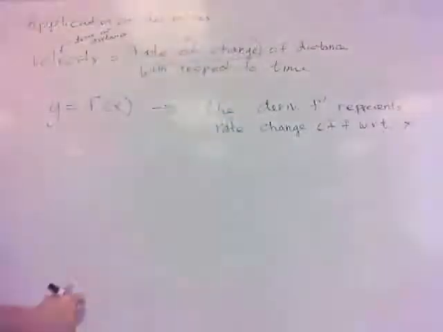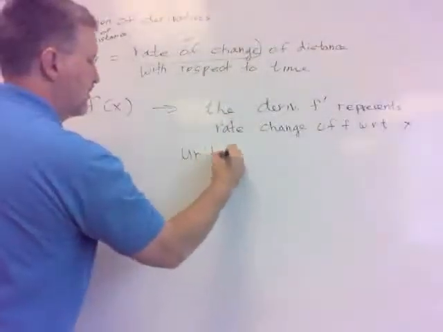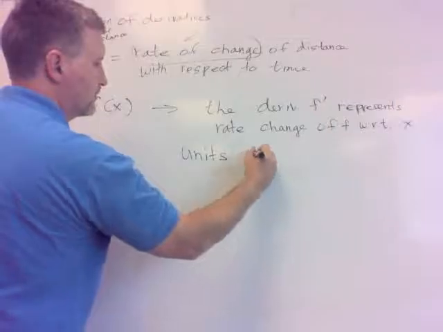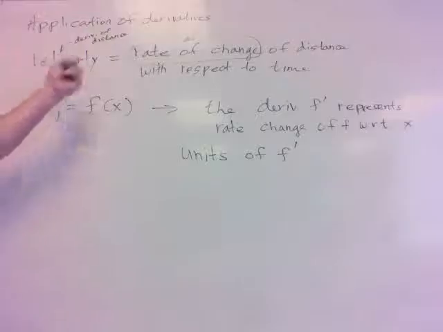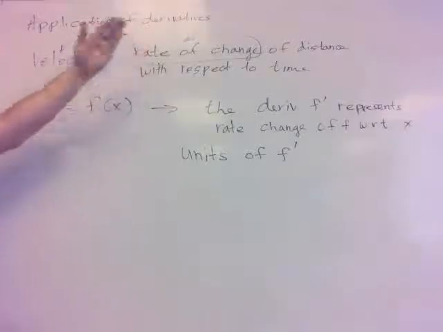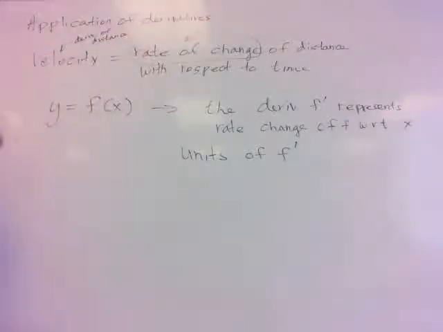Now also note the units of the derivative. Playing again off the velocity, what are the units of velocity? Well, in the one I had, it was feet over seconds. It was the distance divided by the time.